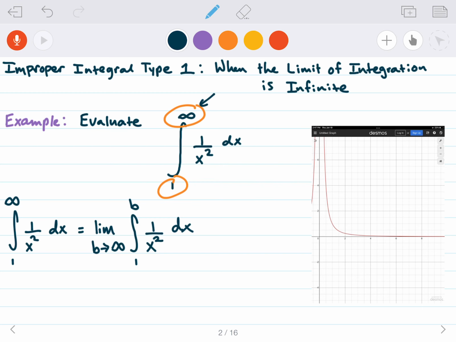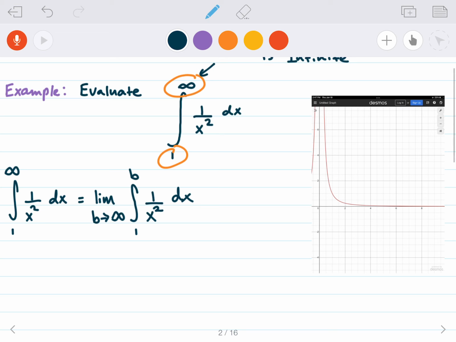Since I've turned this weird infinity up here into a b, I can evaluate this integral just like I would any other definite integral. Meanwhile, the limit of b going to infinity is just going to hang out on the outside.